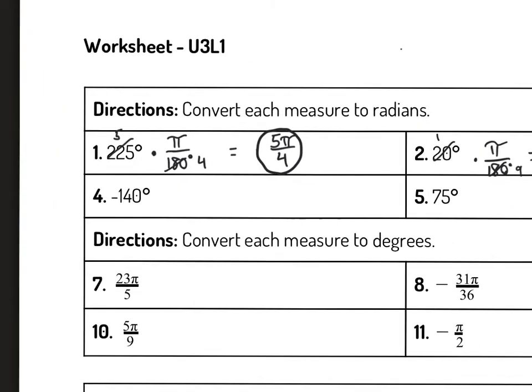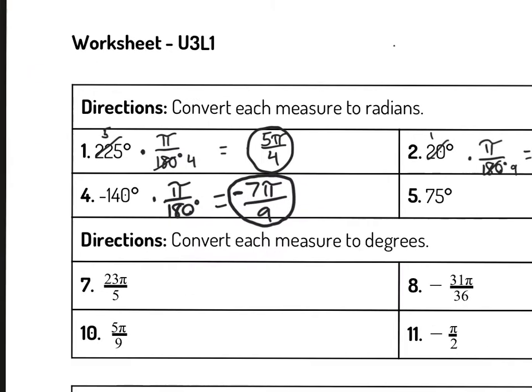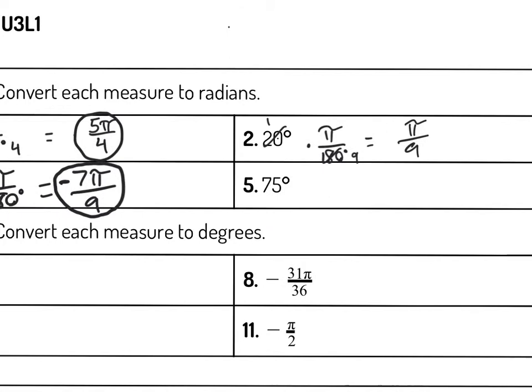Okay, moving over, negative 140 times pi over 180. That would be 7 pi over 9. And it's negative. All right, times pi over 180.